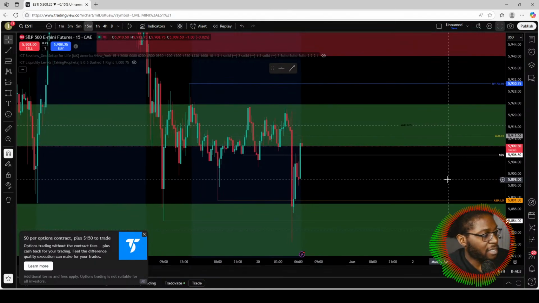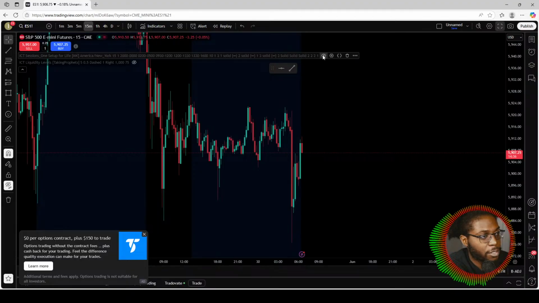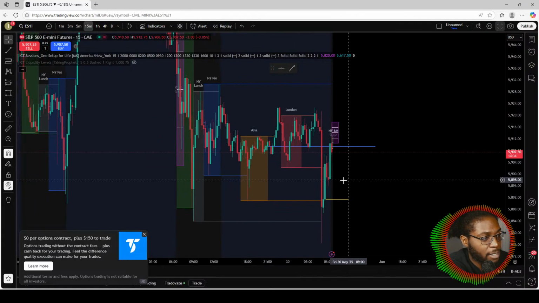I usually like to give it about 15 minutes before I really place a trade. So I'll leave this indicator on and just see how it's playing.